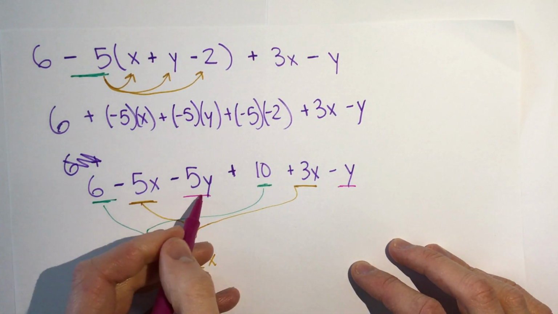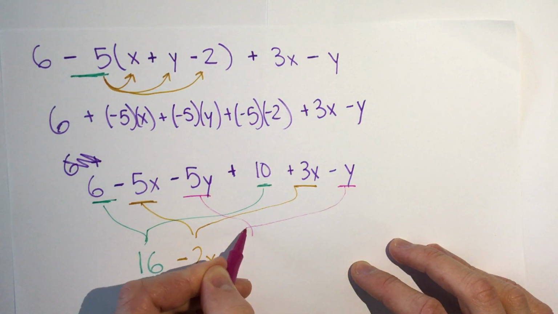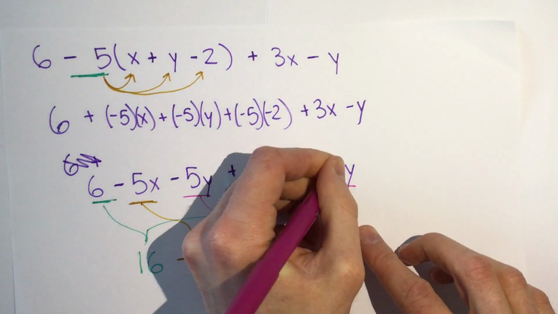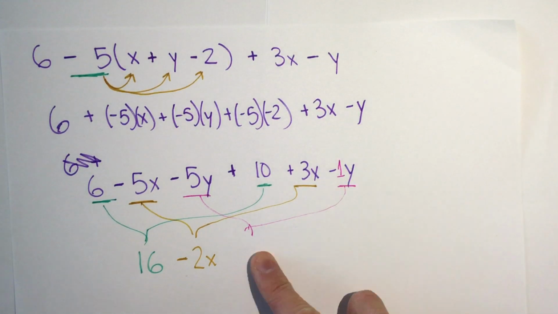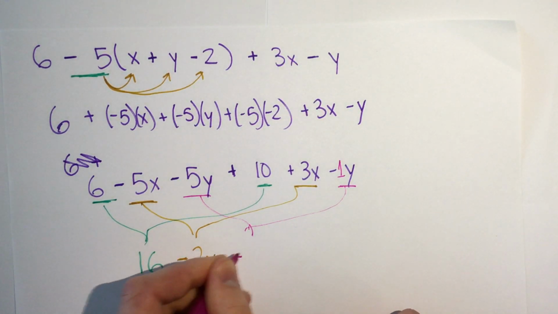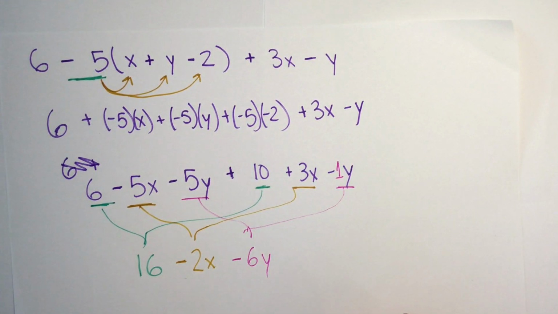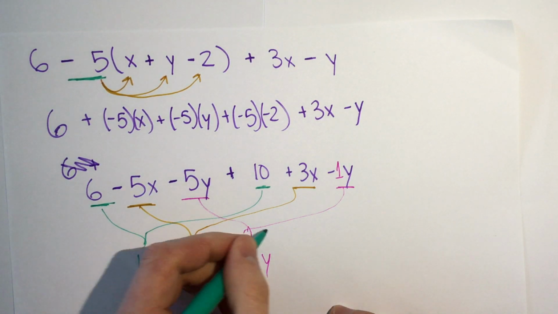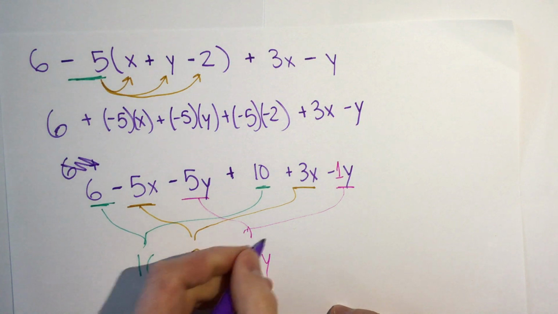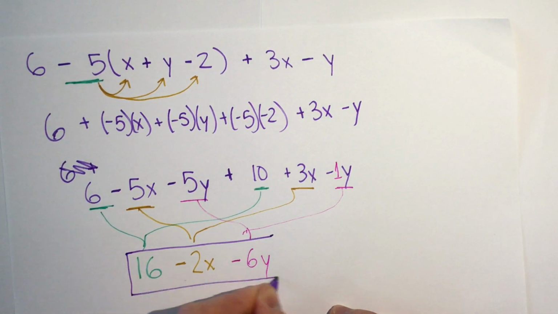And our y's, negative 5y minus y, or minus 1y, makes minus 6y. Now our final answer is 16 minus 2x minus 6y. There are no parentheses and no like terms left to combine. This is our final answer.